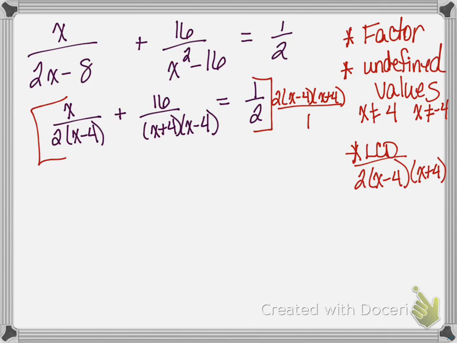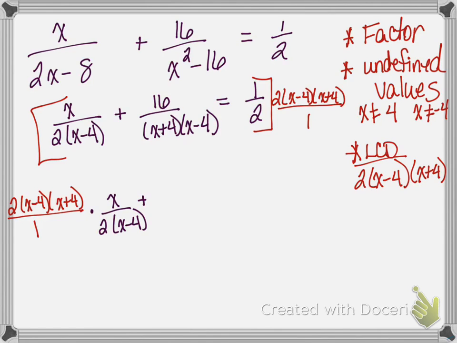So I've got 2 times x minus 4 times x plus 4 over 1, and I am multiplying that times x over 2 times x minus 4.